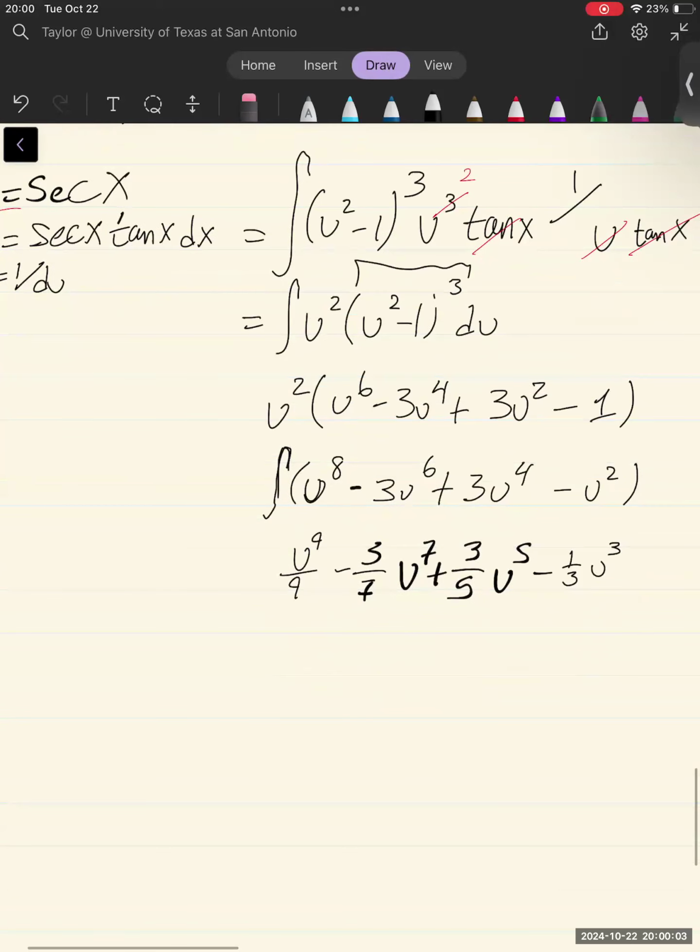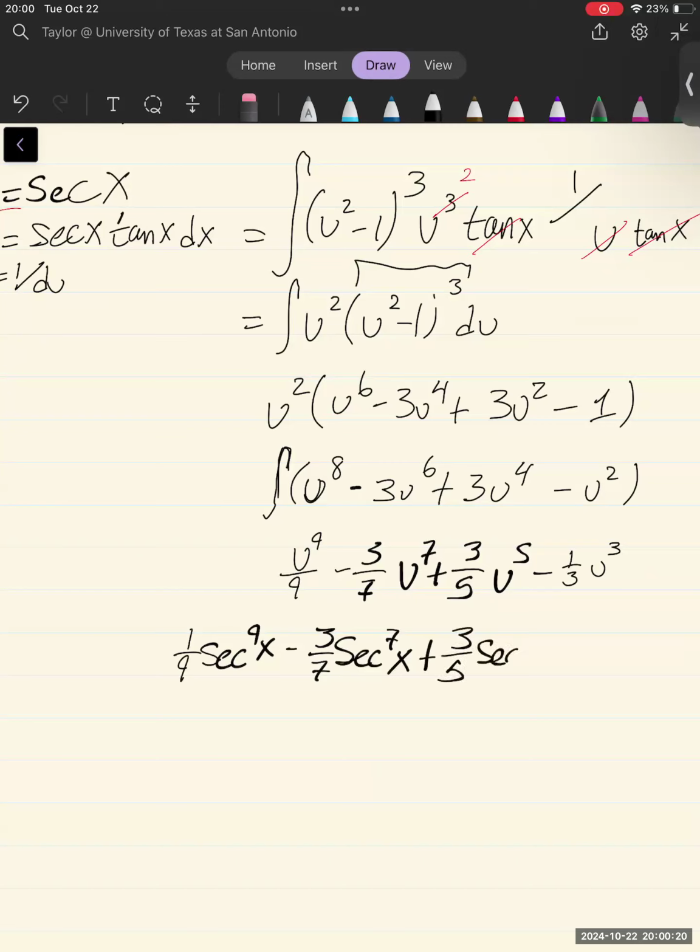And then substituting in u, my final answer is 1/9 secant to the 9th x minus 3 over 7 secant to the 7th x plus 3 over 5 secant to the 5th x minus 1 over 3 secant cubed x plus c.